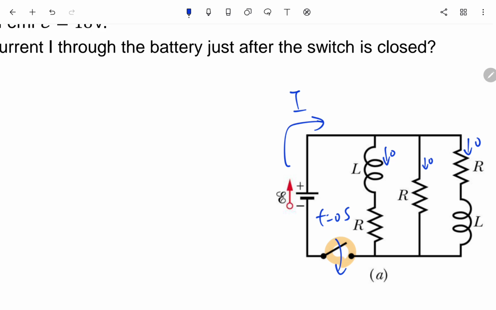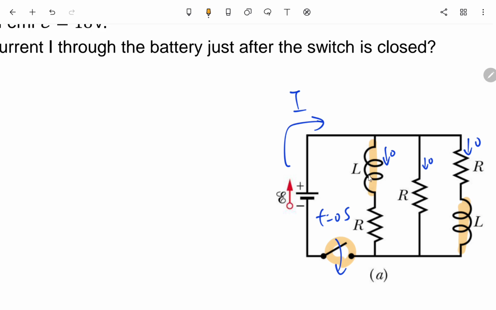As I mentioned, for the inductor, the current is continuous. Similarly here, because the current for this inductor and the resistor should be the same. These two elements are in series. Also this R and this L are in series, so the current through this R and this L should be the same.